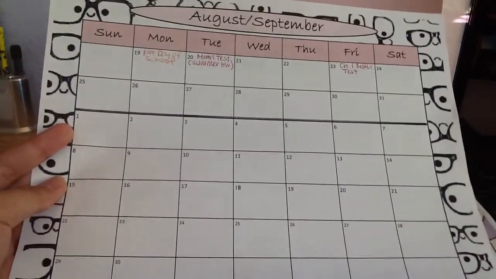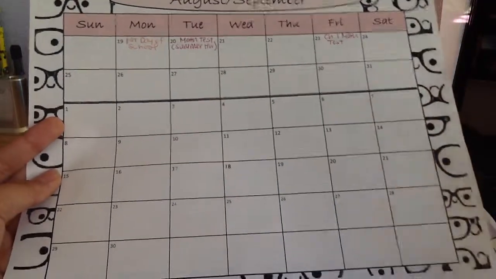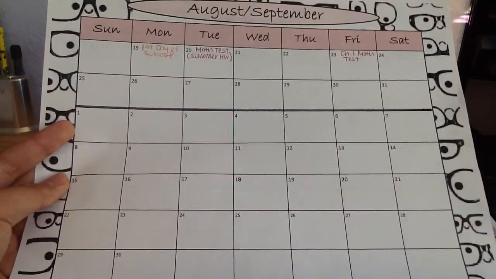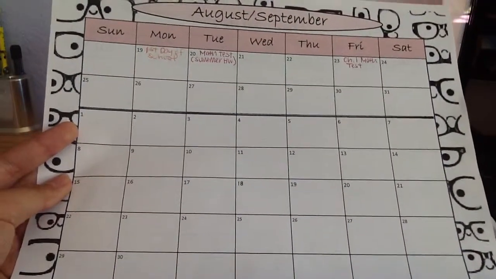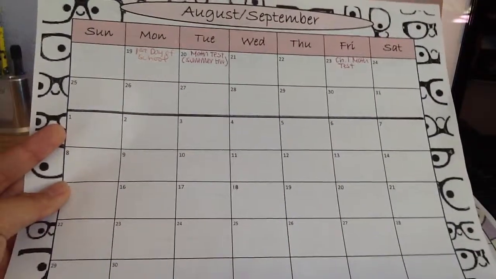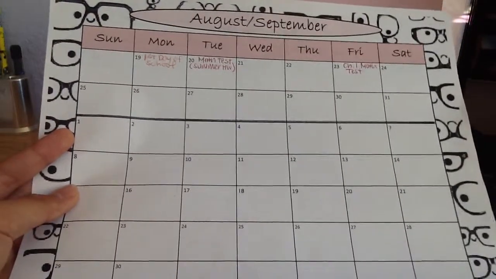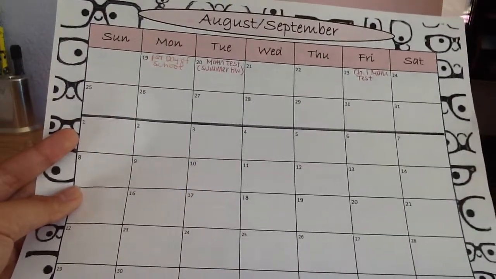Now, because there are an extra two weeks added to September, it's going to shrink the spaces for each day a little bit. For the other months I'll show later on, the spaces are much bigger, but for this particular month, it's a little more squished.